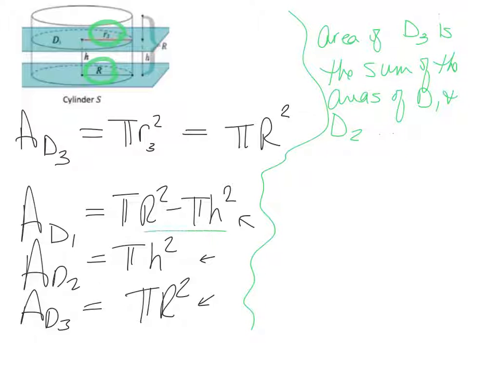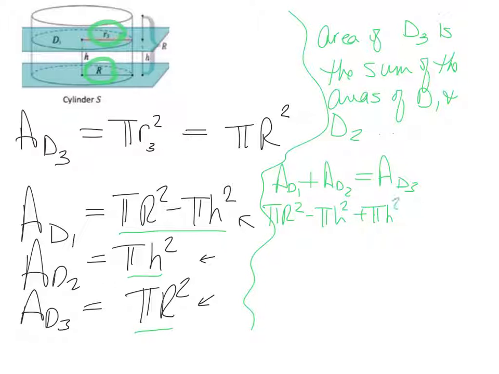Disk 1 plus disk 2 equals disk 3. That's super interesting. So I've got the area of disk 1 plus the area of disk 2 equals the area of disk 3. Pi r squared minus pi h squared plus pi h squared equals pi r squared. That's super interesting because it's true.